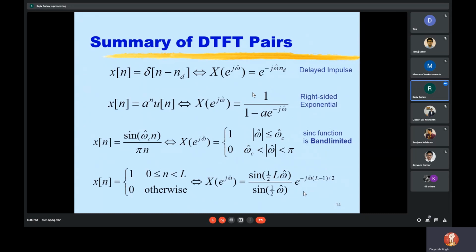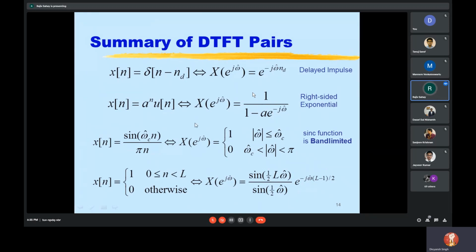Yes, sir. So this is a summary of the DTFT pairs that we have studied till now. If it was delta of n, then it will be 1. Now it is delta of n minus nd, which is the shifted Kronecker delta. So you get e power minus j omega nd as its DTFT. Now this is the decaying exponential, the right-sided exponential.